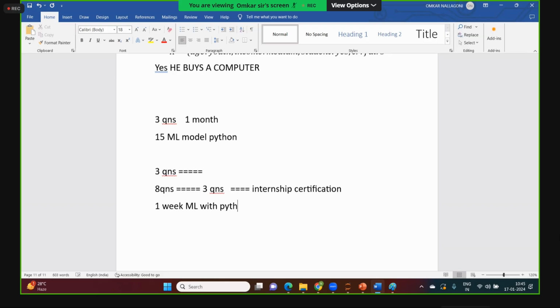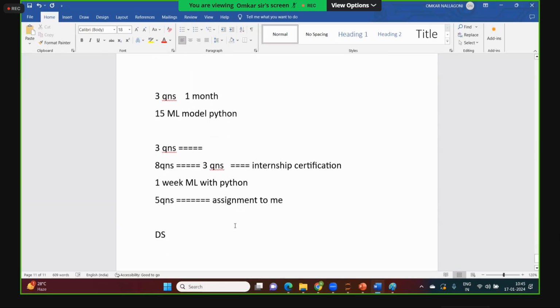You can interlink these 3 questions there too. After the certification, the remaining 5 questions everyone should do, because we will have already completed ML with Python, and you submit them to me as an assignment. Everyone, please speak only about data science and machine learning questions, not Python questions and all these things.